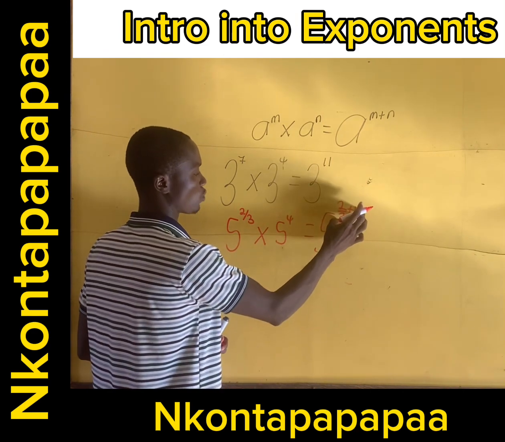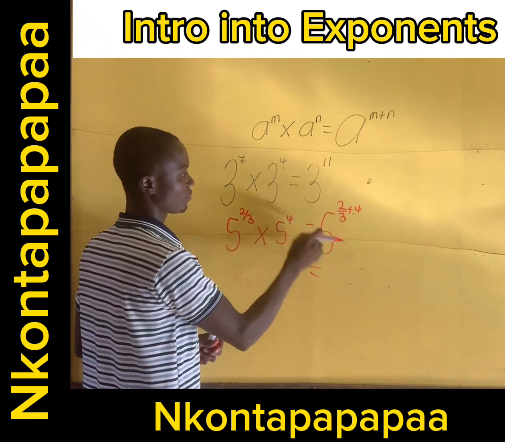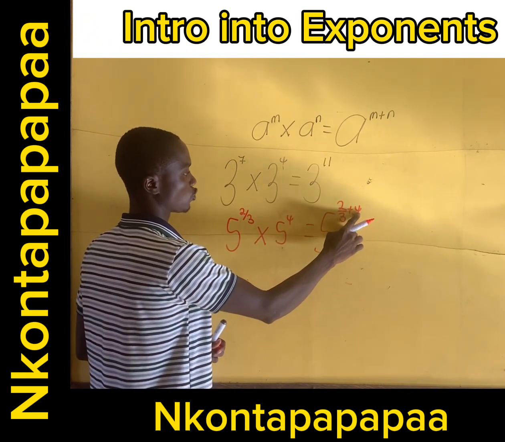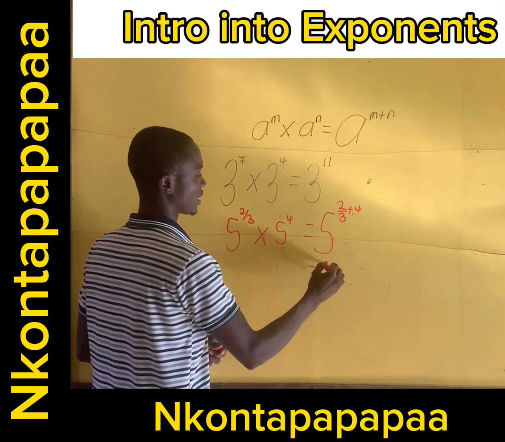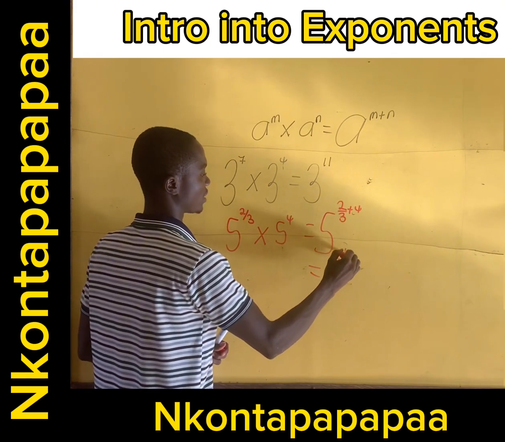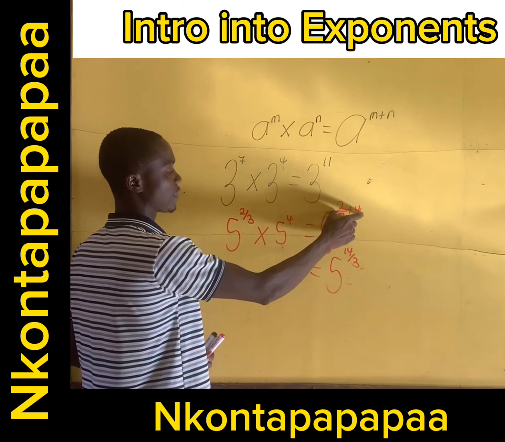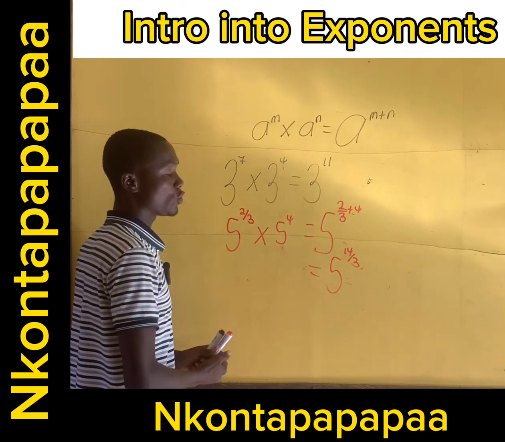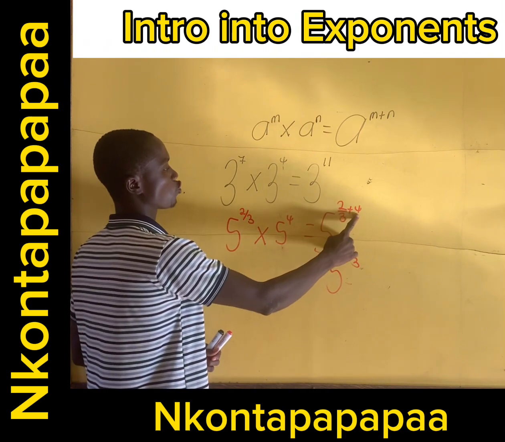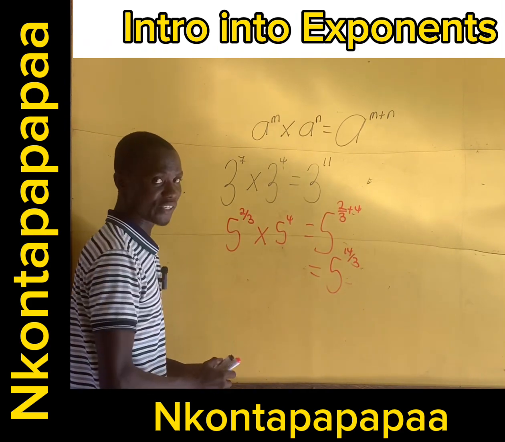Please, if you cannot do this one mentally, use a calculator to add. 3 times 4 is 12 plus 2 is 14. So I have 5 exponent 14 out of 3 in a very simple way.